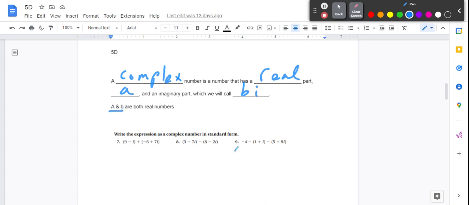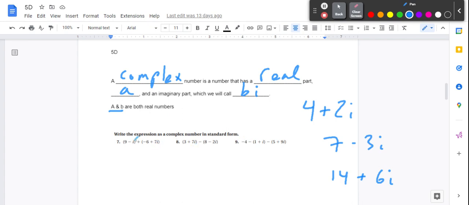A complex number might be 4 plus 2i, or 7 minus 3i, or 14 plus 6i. Those are all examples of complex numbers. We're adding or subtracting a real number with an imaginary number. And we can treat i just like any other variable.